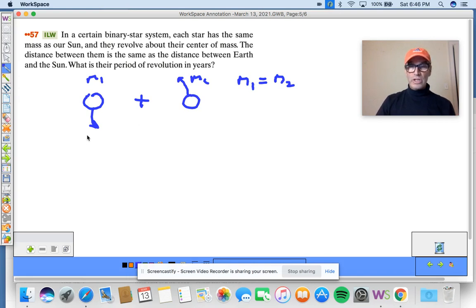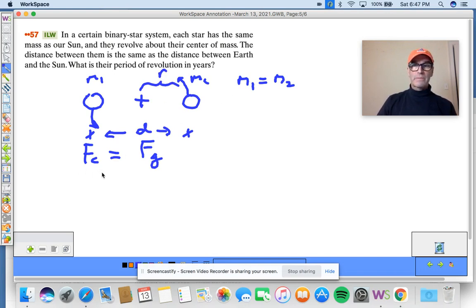So we're going to associate the centripetal force equals the gravitational force. All right, this is kind of odd. So the gravitational force will be dictated by the total distance that separates these two stars, but the radius of revolution will be half that distance. Okay, so make sure you keep that in mind.